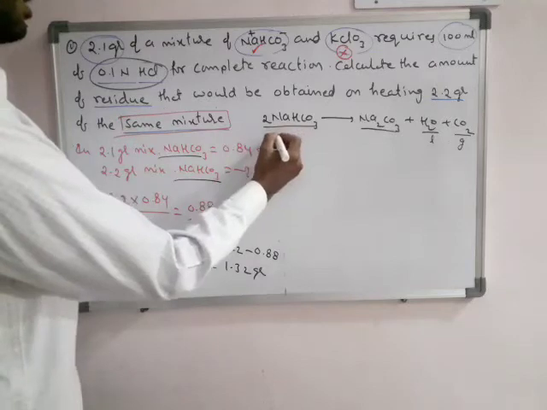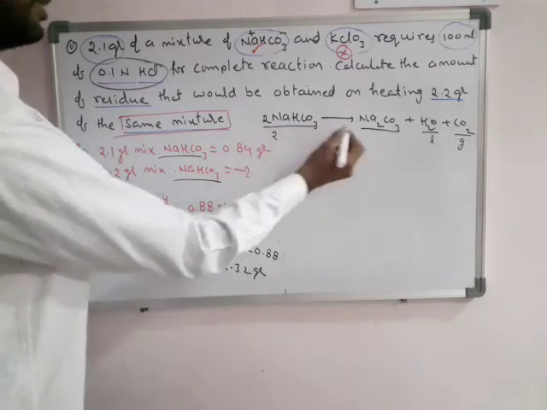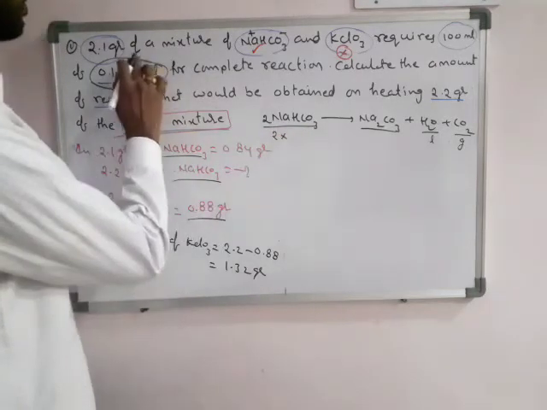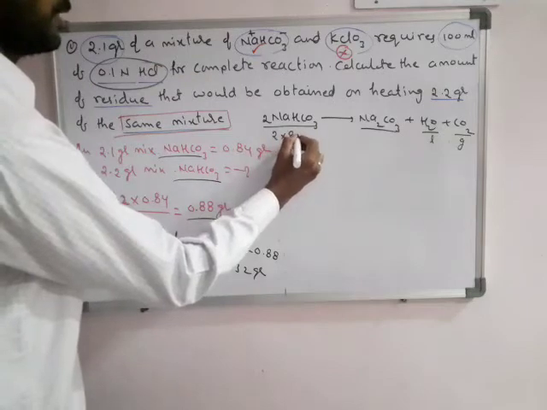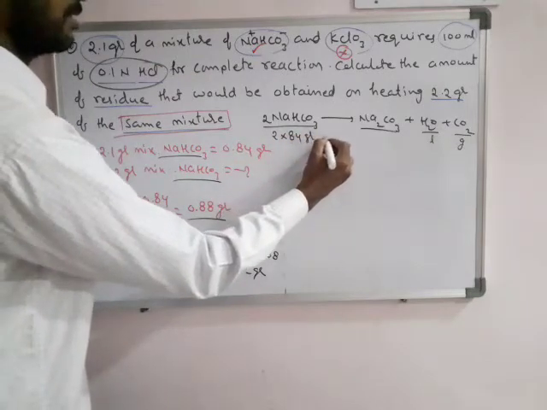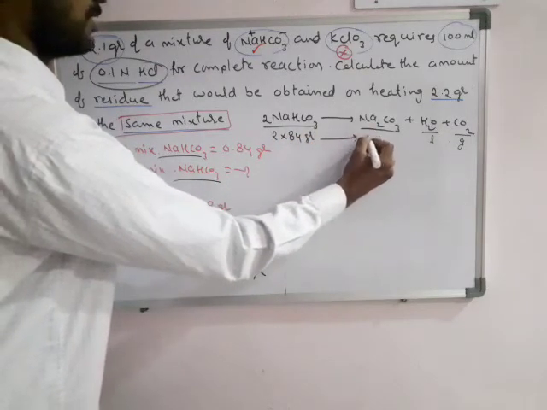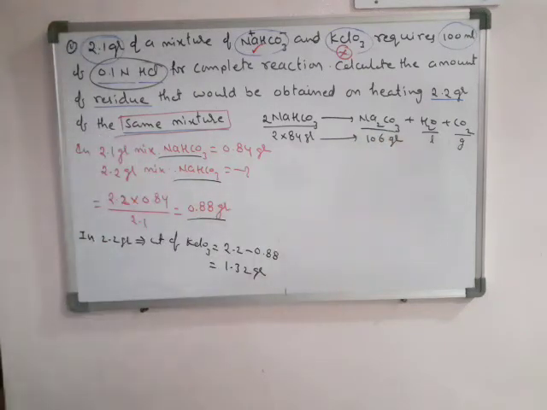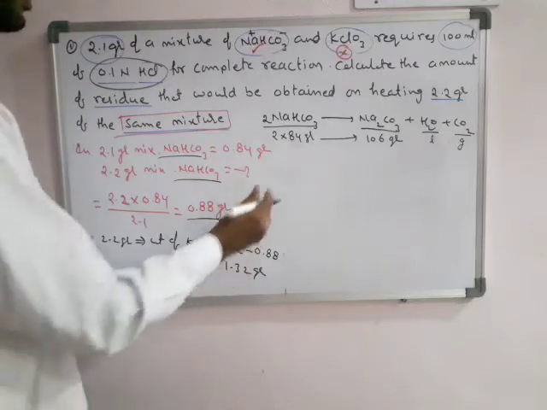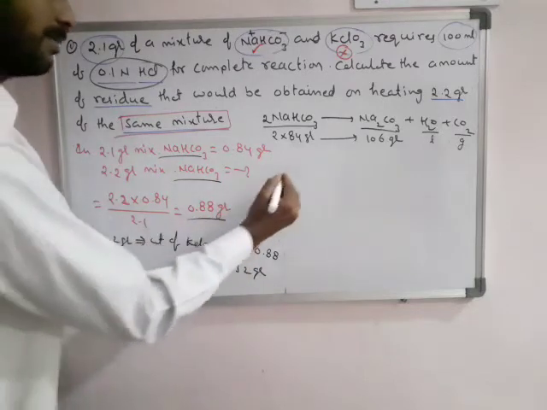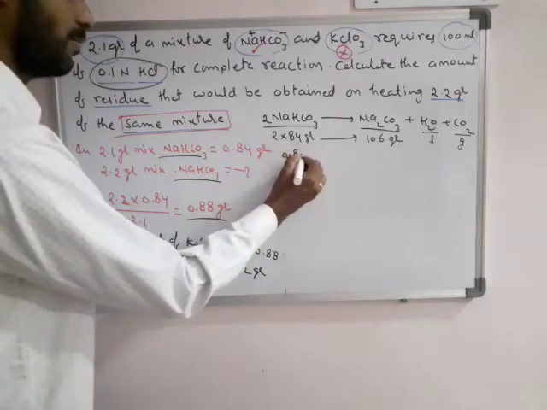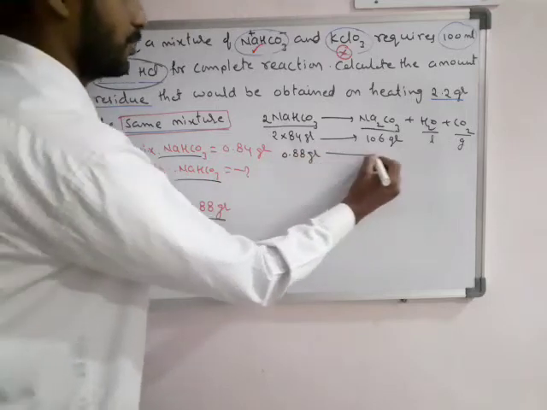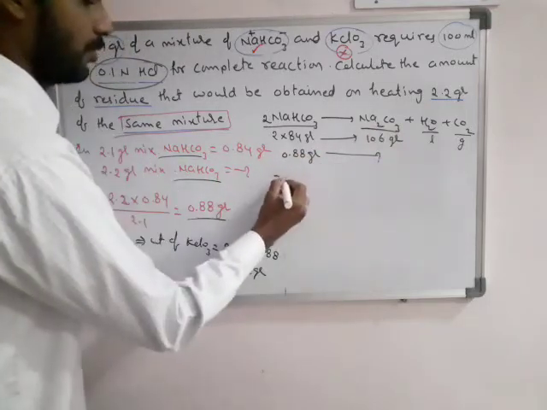Okay, 2 moles, 1 mole means it is in terms of grams. So here 2 into 84 grams produce how much? 106 grams. Here we got only 0.88 grams. So then what about 0.88 grams, it can produce how much sodium carbonate?